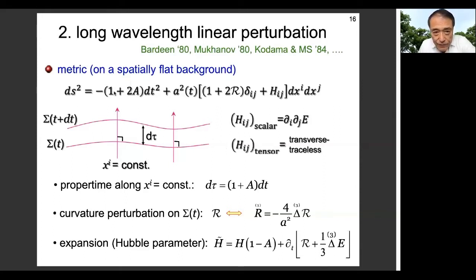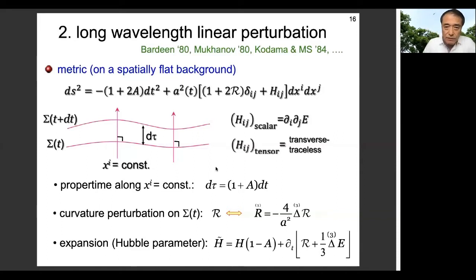Once you consider a metric geometry given in this form, then the perturbation in the Hubble rate, apart from this correction in time, the difference between the proper time and the coordinate time, the other part is completely integrable with respect to time.